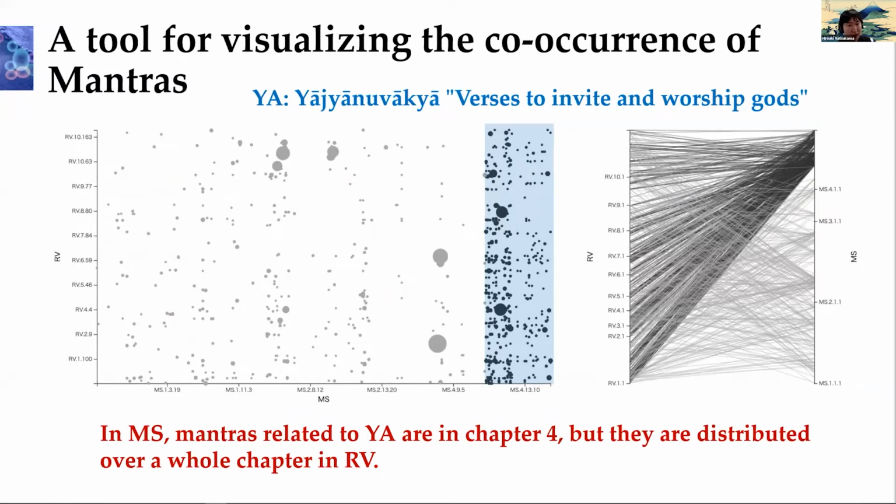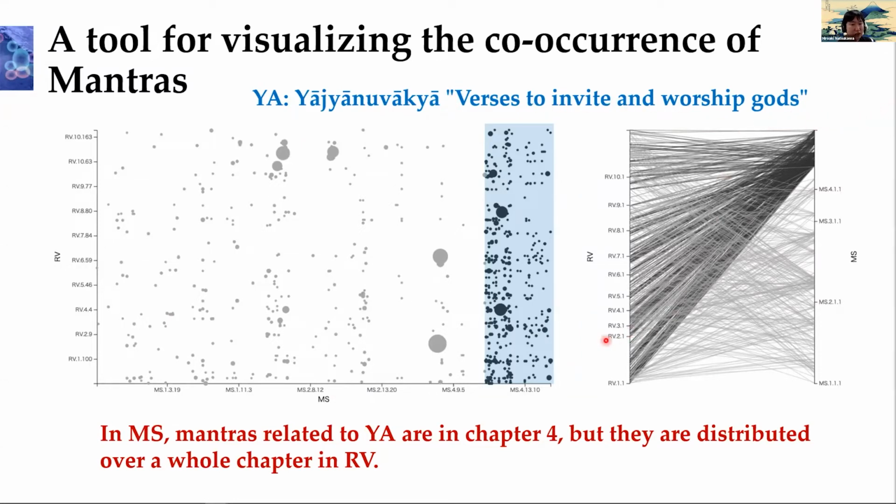So after selecting the Rig Veda and Maitrayani Samhita and visualizing the co-occurrence of the mantra, we focus on the ritual event called YA, because a large number of mantra is related to this YA. So YA is Yajya Anuvakya. It's difficult to read, but it means verses to invite and worship gods.